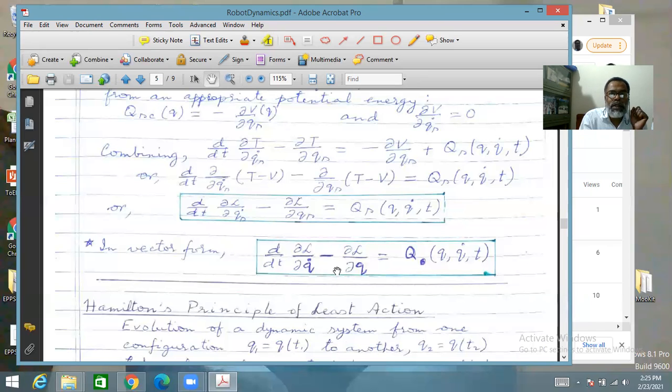Okay. Now the way we connected this with Newton's laws, you can also connect it with an alternative formulation of dynamics, which is Hamilton's principle of least action. In fact, physicists are very enthusiastic about this.